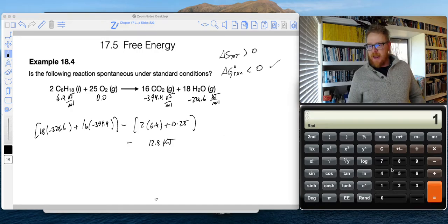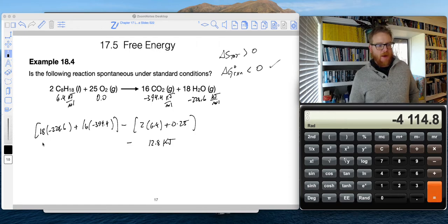So that's going to be 18 times negative 228.6.